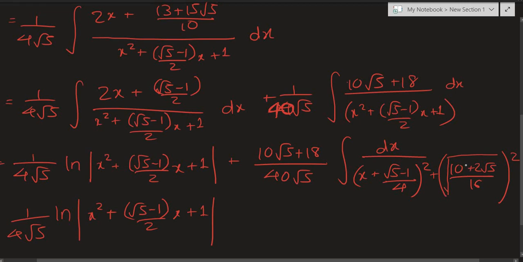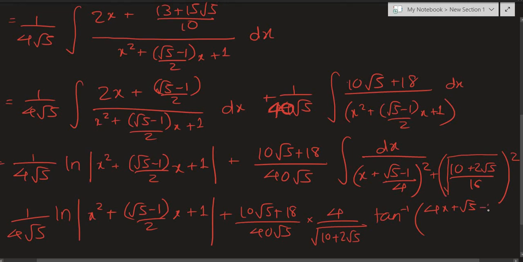So we can invert this, so we obtain 10 root 5 plus 18 by 40 root 5 times inverse of this, so square root 16 is 4 divided by the square root of 10 plus 2 root 5 times the inverse tangent of, we can have a common denominator, 4x plus root 5 minus 1 divided by, well, the 4's will cancel out in the denominator, so we don't need to worry about that, square root of 10 plus 2 root 5.